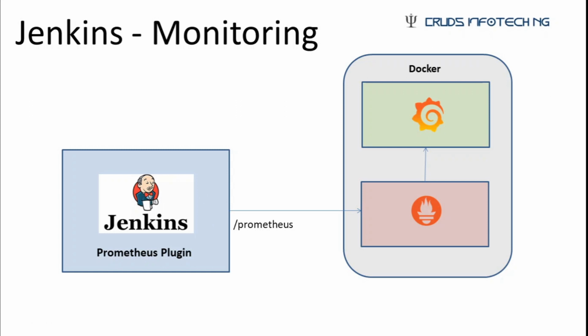As soon as I install the Prometheus plugin, Jenkins will start giving out all kinds of statistics regarding the box on which it is running, regarding the tools that it is running, regarding the jobs that are running, regarding the agents that it is controlling. All statistics regarding Jenkins will be available in a particular URL. The default URL is your Jenkins URL followed by Prometheus.